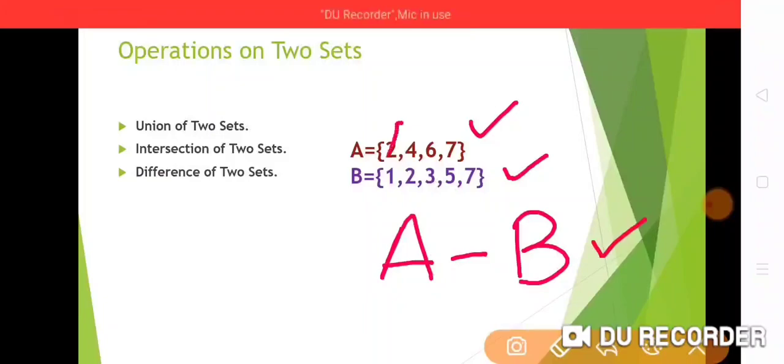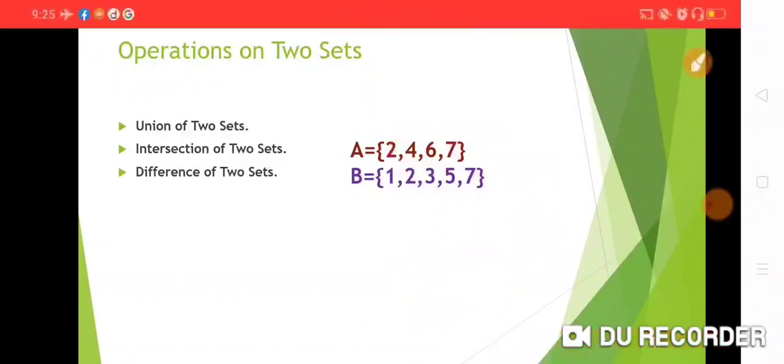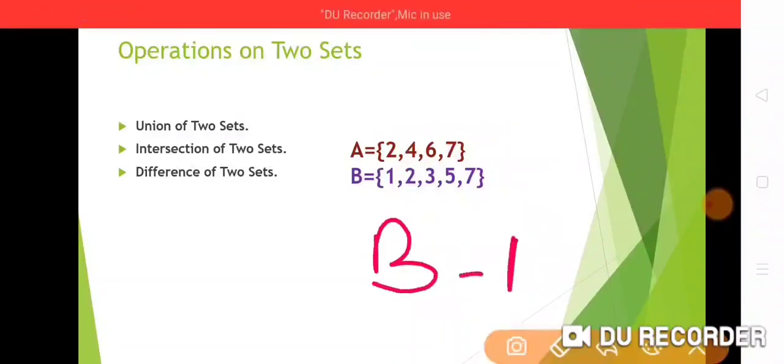So 2 and 7 are common in A and B. But here we have to take the difference of two sets, so we are going to write down the elements that are left in A, as I am going to take A minus B.